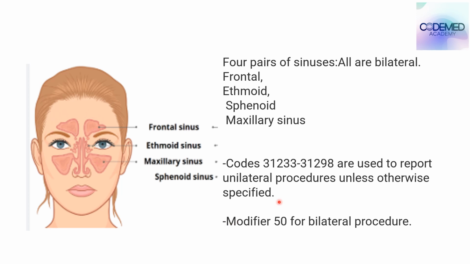Now the codes 31233 and 298 are used to report the unilateral procedure unless otherwise specified. So modifier 50 for the bilateral procedure. Again the same thing. In the maxillary sinuses also pay attention whether it is a unilateral or bilateral code, and that information we will get by the parenthetical note.